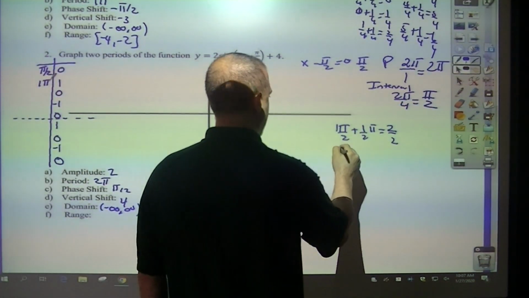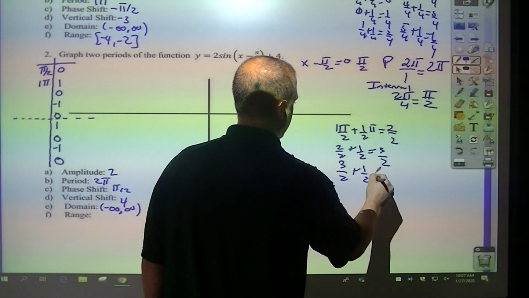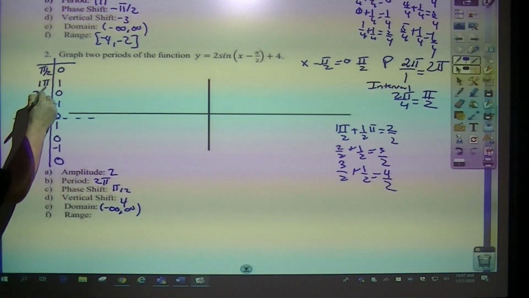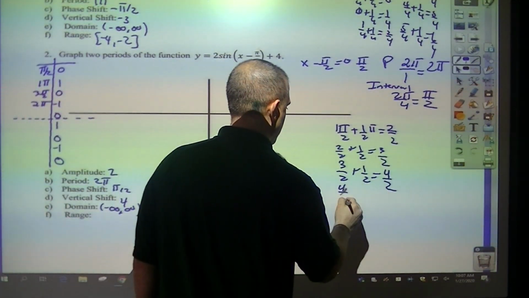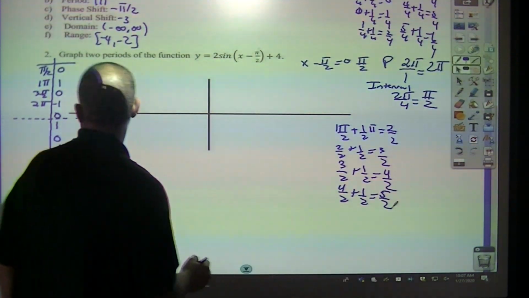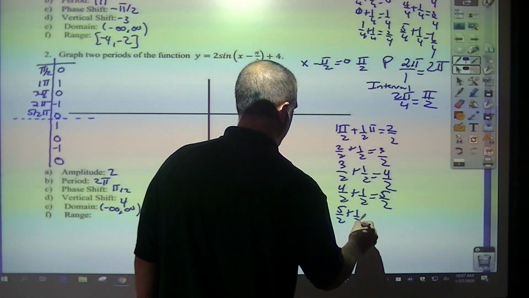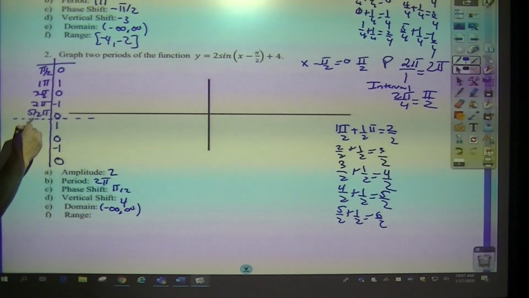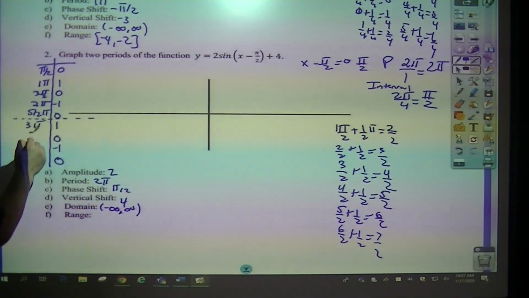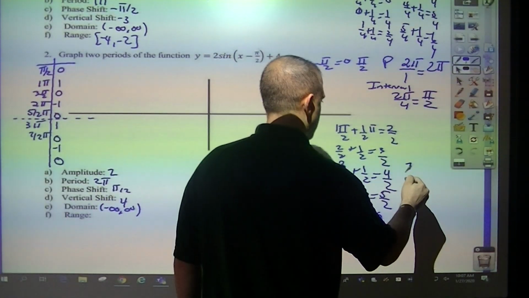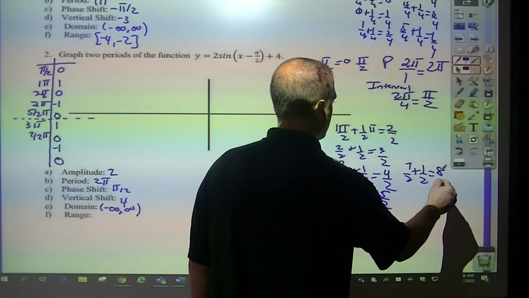Then 2 over 2 plus 1 over 2 would be 3 over 2. 3 over 2 plus 1 over 2 would be 4 over 2, which would be 2 pi. 4 over 2 plus 1 over 2 is 5 over 2, so that's 5/2 pi. 5 over 2 plus 1 over 2 is 6 over 2, which would be 3 pi. 6 over 2 plus 1 over 2 is 7 over 2, 7/2 pi. 7 over 2 plus 1 over 2 is 8 over 2, which would be 4 pi.